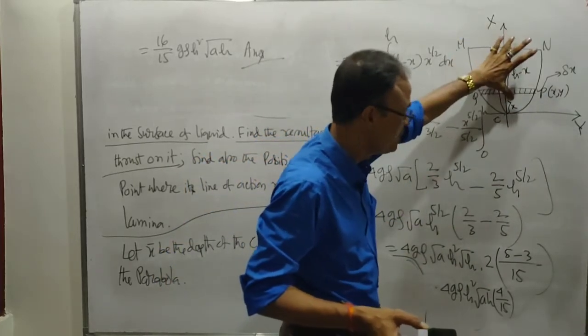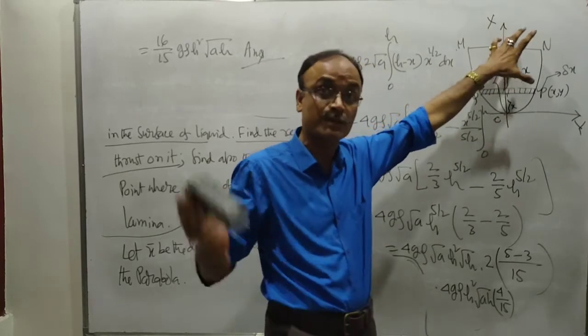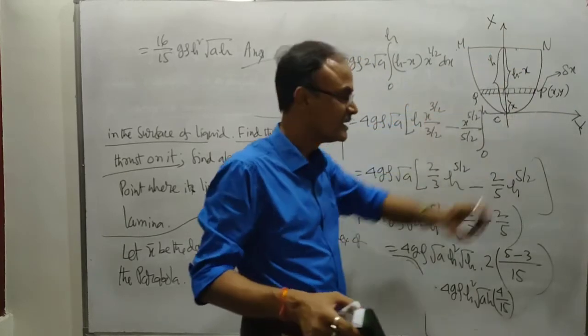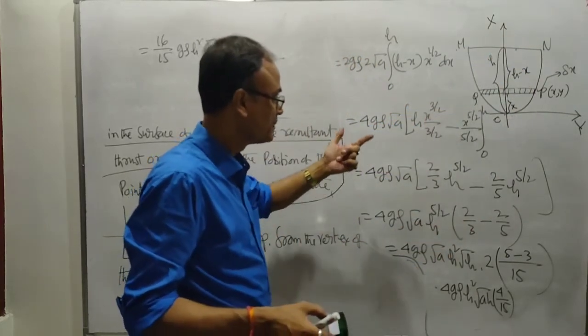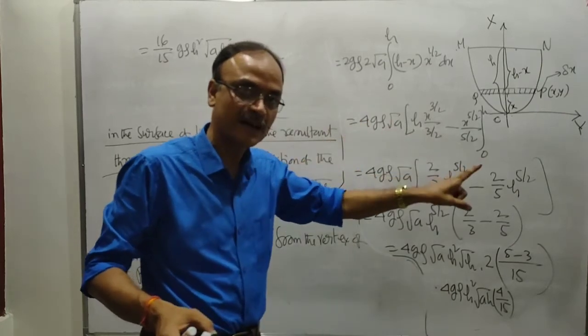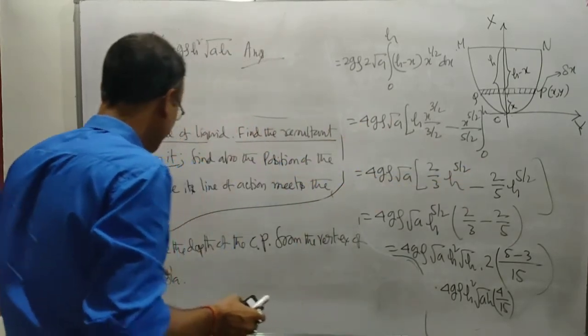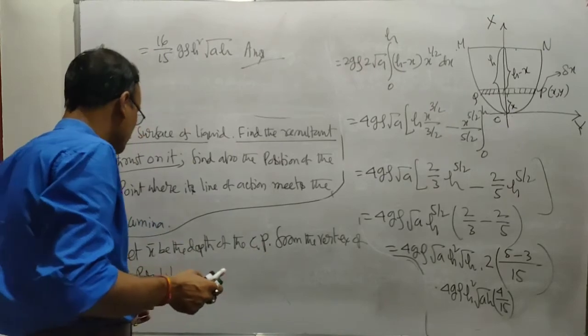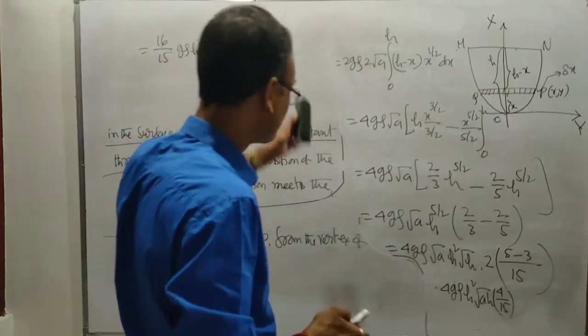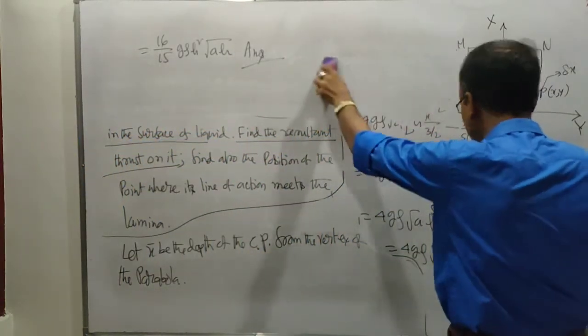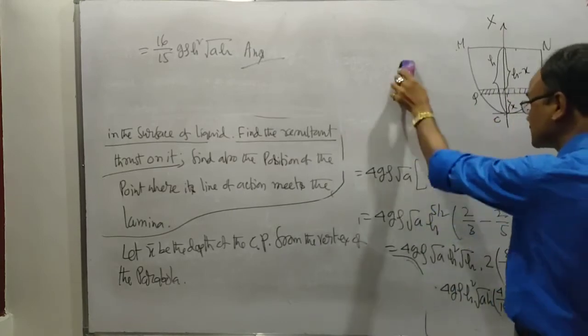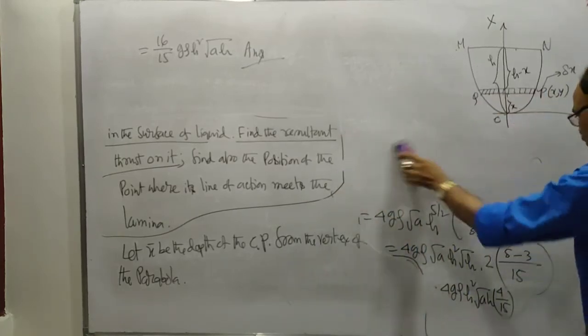H minus x bar will be the depth of the center of pressure below the effective surface. You will have to calculate h minus x bar. Now, x bar is the depth of the center of pressure from the vertex of the parabola.